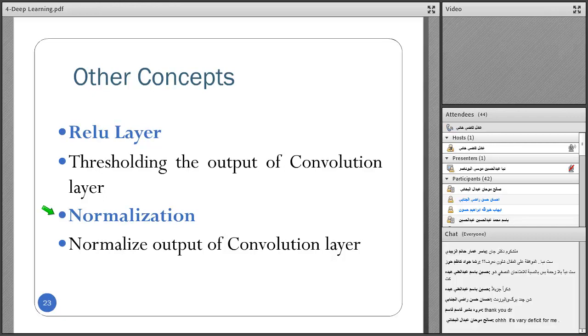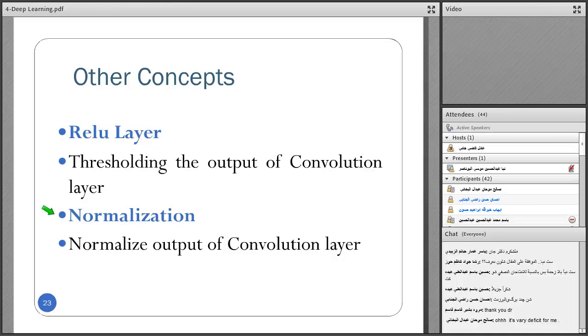Normalization means that we change the output so that the average of the data is near 0, and the standard deviation is 1.